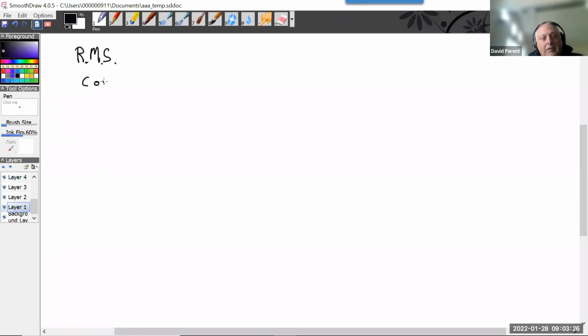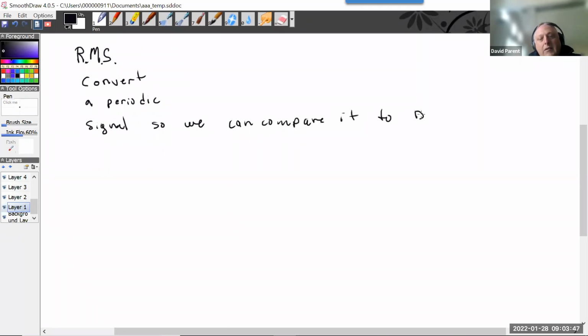We use it to convert a periodic signal into a number so that we can compare it to DC.